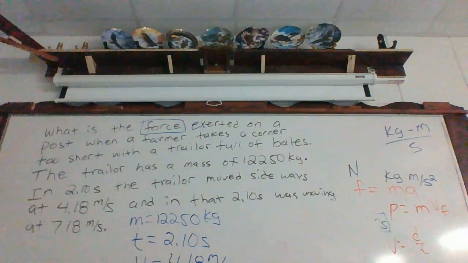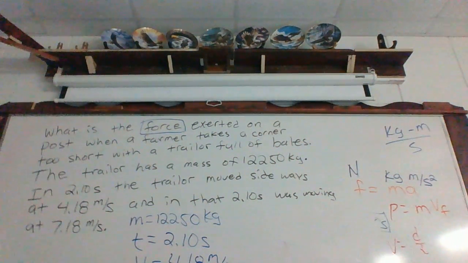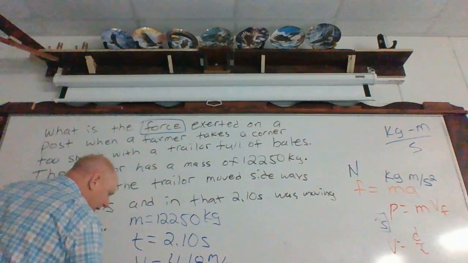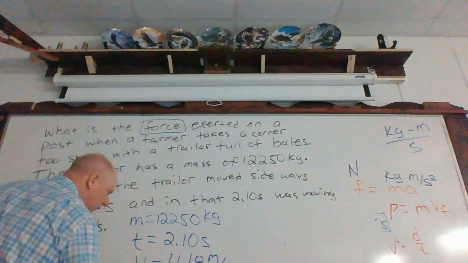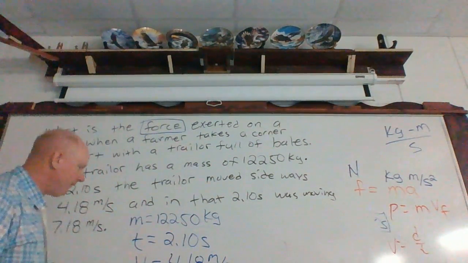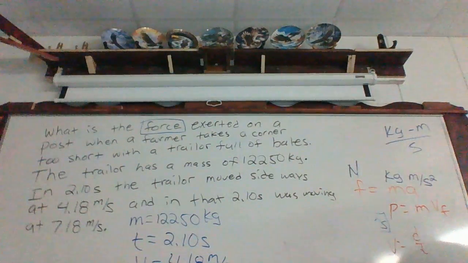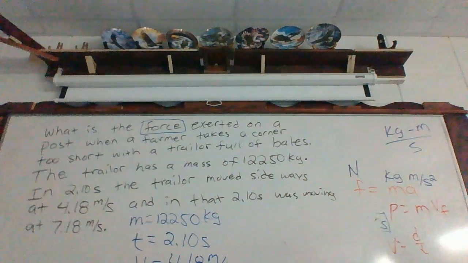Okay, so when we solve for force, we need to know two variables. They are what and what? Okay, well, we got the mass, but what's the problem with that? We don't have the acceleration. Okay, so do we have enough information to solve for the acceleration? Yes, we do. Okay, so how do we go about doing that?